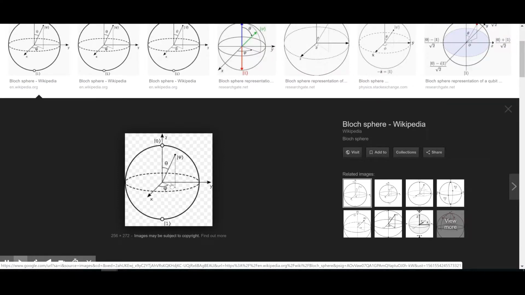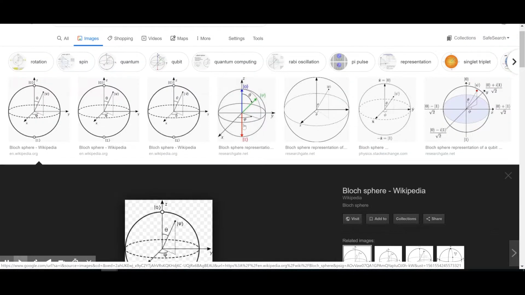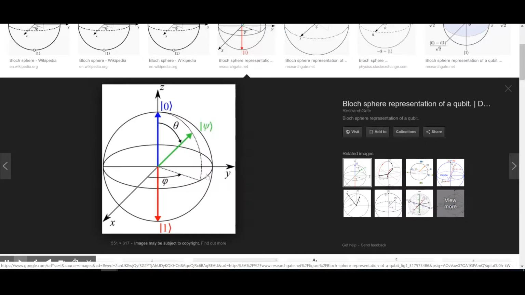So the z, the x, and the y. Whether that's an accurate or good representation of a qubit or not is a different story. The thing is, it just helps you understand the operational scope of a qubit. But when it comes to entanglement, you can't do that with a Bloch sphere alone.